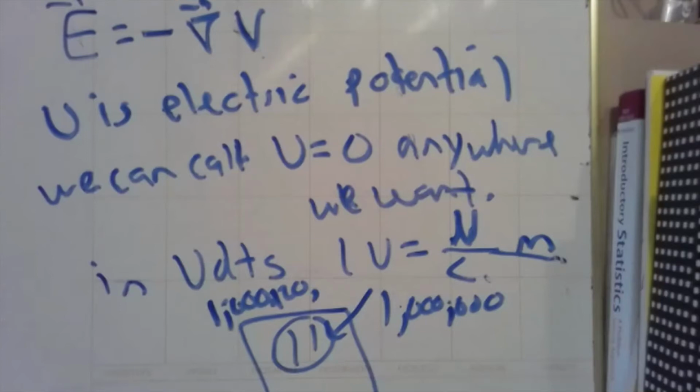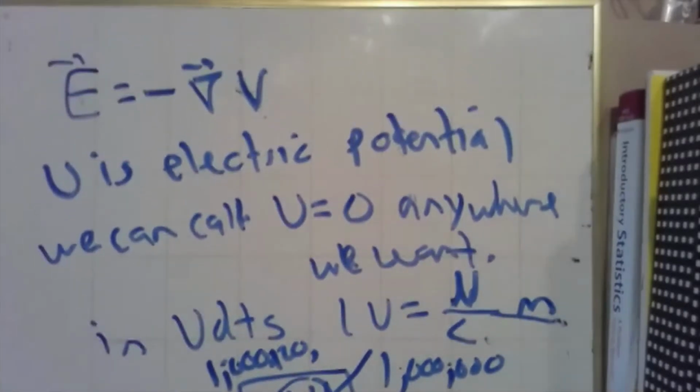Now, there's this philosophical argument that physicists have been having for the last 200 or 300 years over which one of these is a physical quantity and which one of these is just a mathematical construct that we invent to help us do problems. And some will argue V is the real thing. Every point in space has some electric potential, and we created this object called the electric field that measures changes in potential, measures the gradient of that.